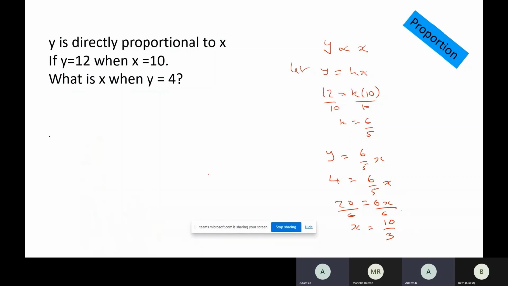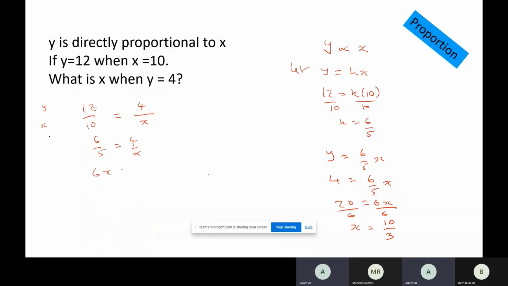Quite a lot of work, and I personally believe most people will make a mistake. If we use our simple method from before, and again I get them to write it in the margin, just to put y in x, so that it doesn't matter which one's on top and which one's on the bottom: 12/10 is equal to 4/x. 6/5 is 4/x.